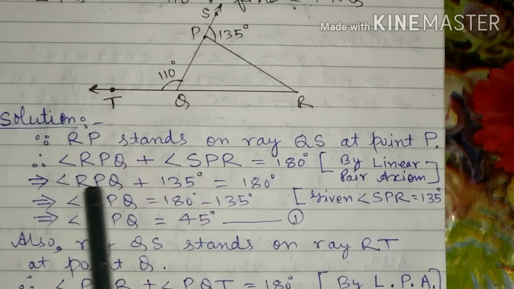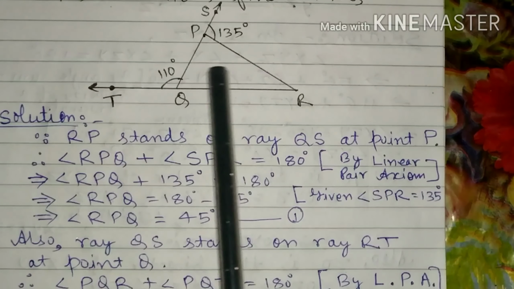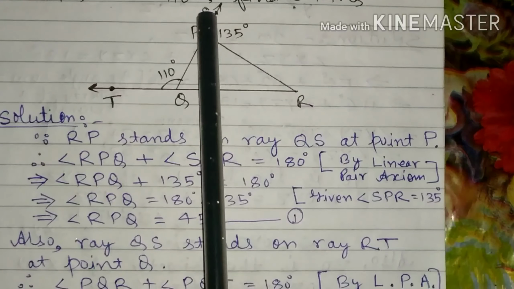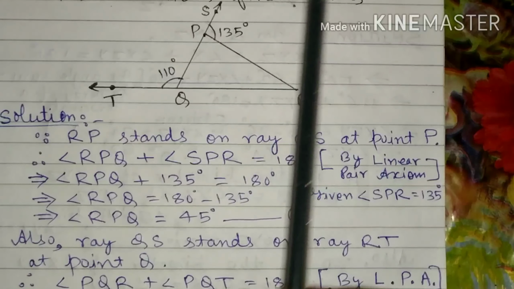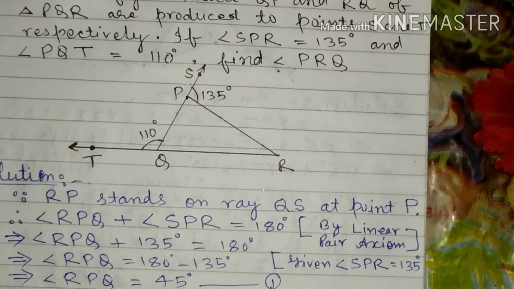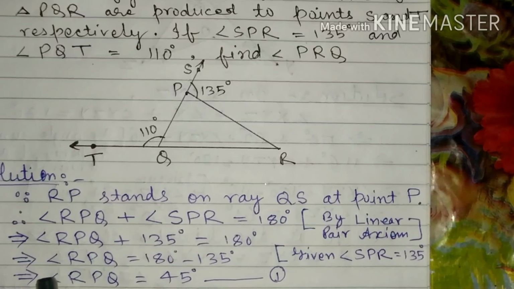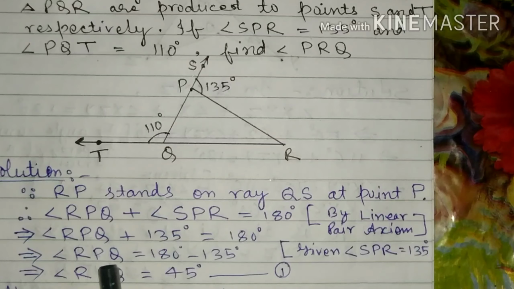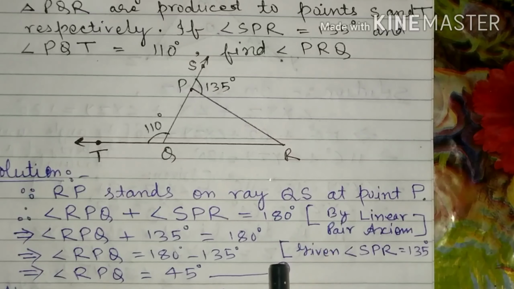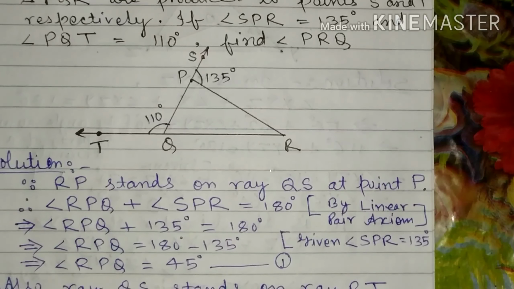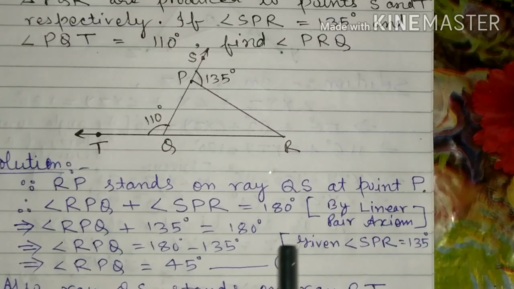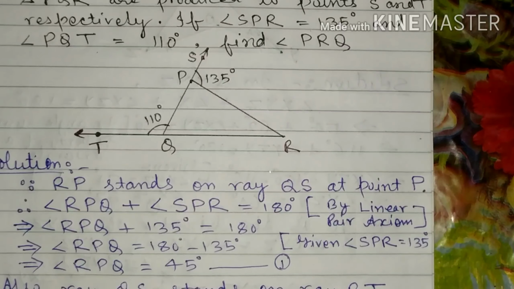We write angle RPQ the same, and angle SPR is 135 degrees, given in the figure. We put 135 degrees, and write 180 degrees the same. Therefore, angle RPQ is equal to 180 degrees minus 135 degrees. This implies that RPQ is equal to 45 degrees. We write this as equation 1.